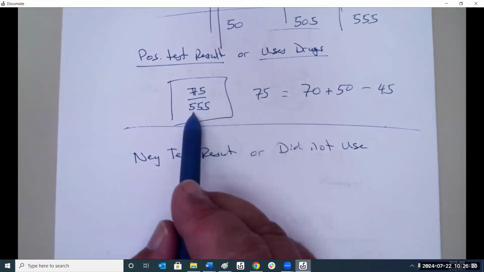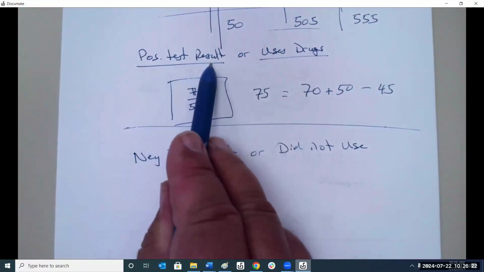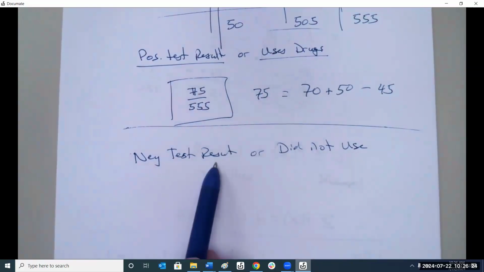If 75 over 555 was positive test results or uses drugs, what's negative test results or didn't use drugs? 480. Why is it 480? 555 minus 75.